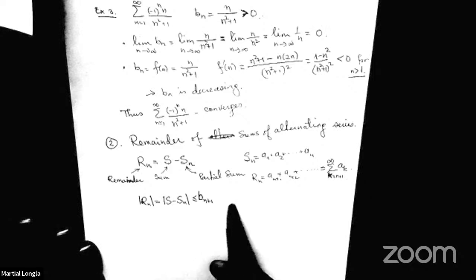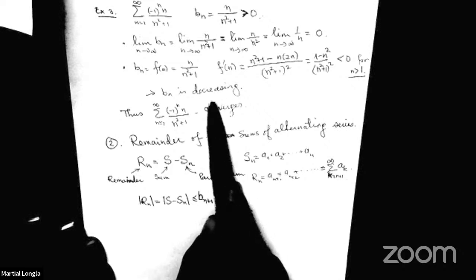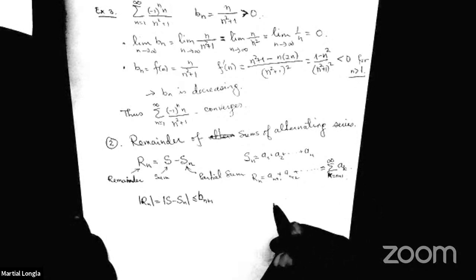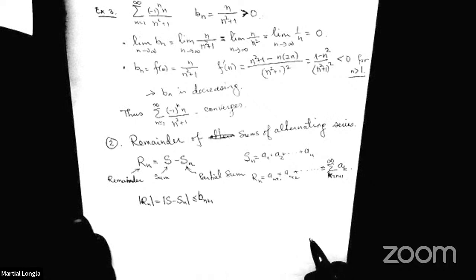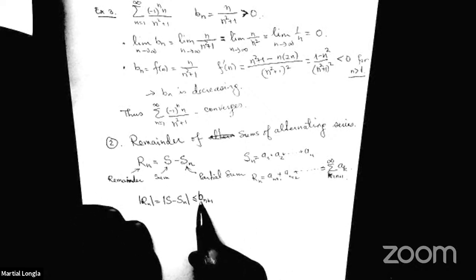And the reason, I'm not going to write down the reason here, I'm just going to explain. That plays into the decreasing that you have here. When you have the decreasing, the remaining part is going to be either Bn plus 1 minus Bn plus 2 plus minus, that's how it goes, or it's going to be negative Bn plus 1 plus minus. And because it is decreasing, the following terms are always going to be less than the term previous to it.